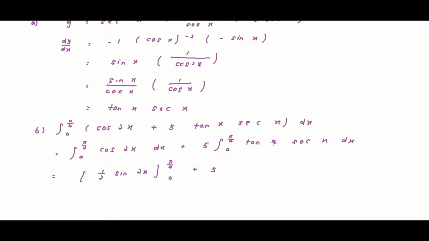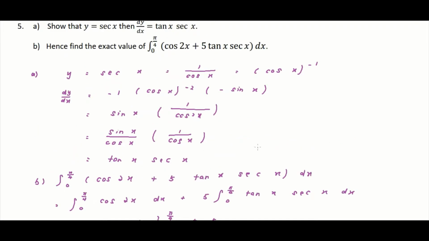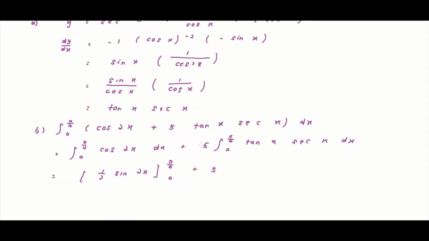We did not learn substitution or the integration technique that actually allows us to do this. But normally for this type of question, your A and B should be related to each other. So you might need to use the idea that integration is just the reverse process of differentiation.